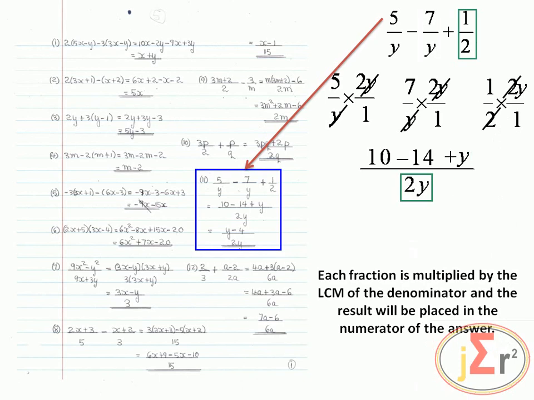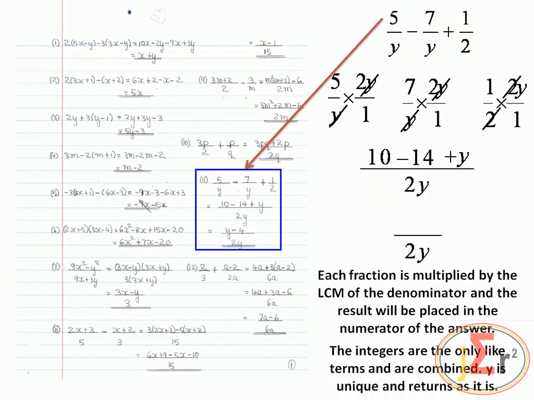No problem whatsoever. And I am sure that the problem will not appear when we complete the simplification of this expression by adding the integers or the like terms. The integers are the only like terms and are combined. Y is unique and returns as it is.